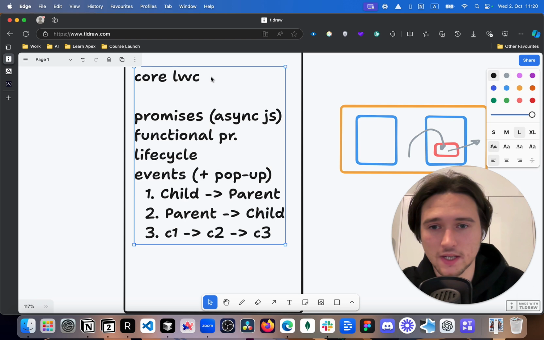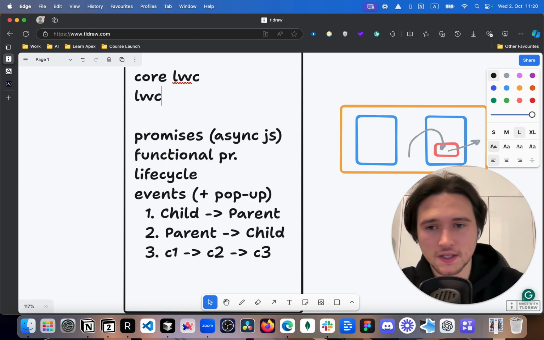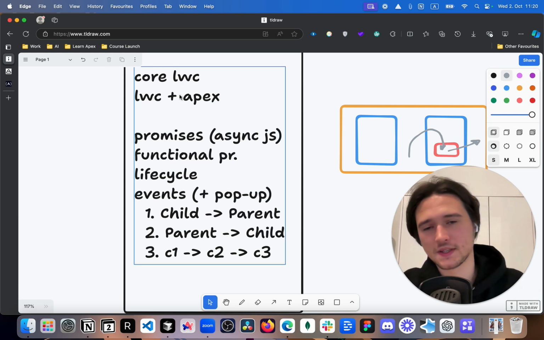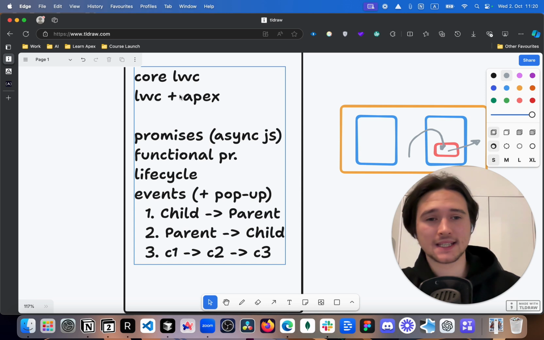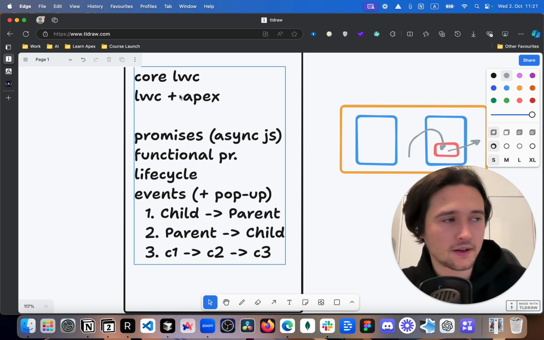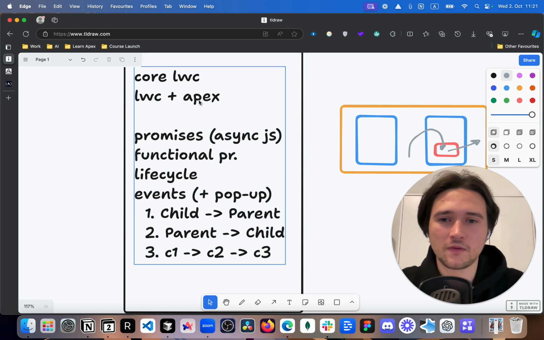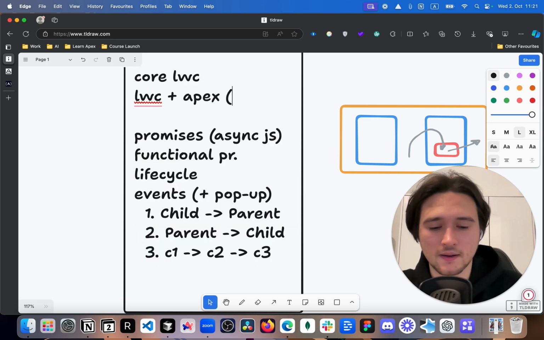Another thing that I forgot actually: LWC plus Apex. That's usually not a hard topic to understand, but it is a little bit confusing with all the wire stuff. What I try to focus on here is just imperative Apex.